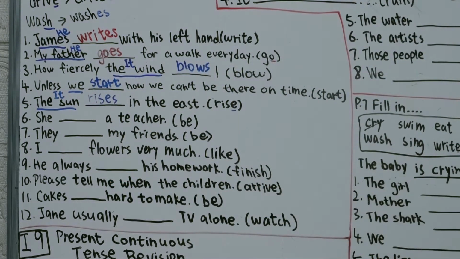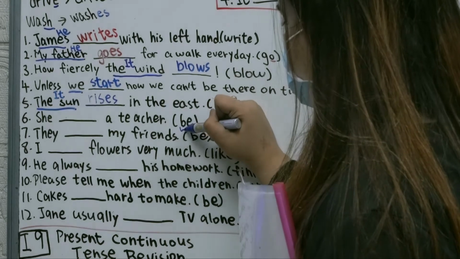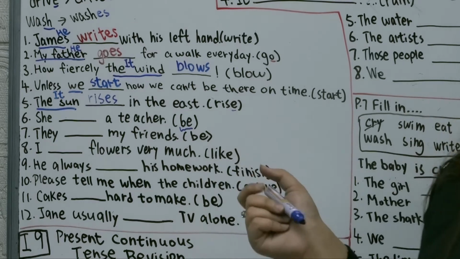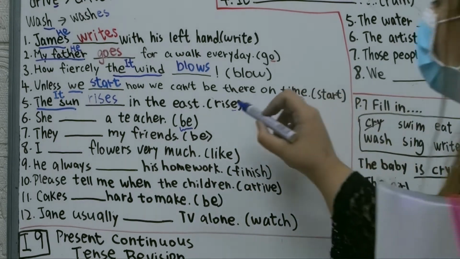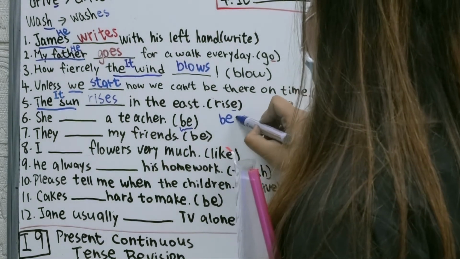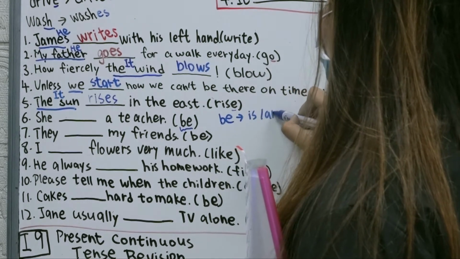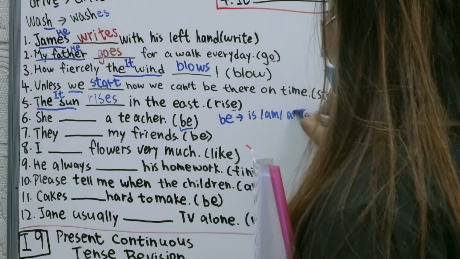Simple as that. She is a teacher. Remember I've talked about this last time? What is be? It is the verb to be. Be is also a verb. We use is, am, or are for be, okay?